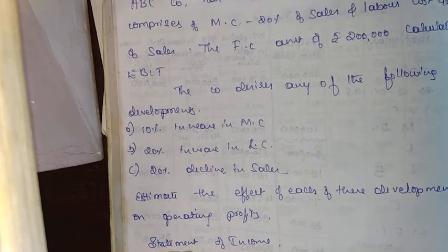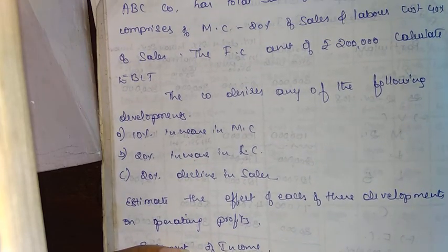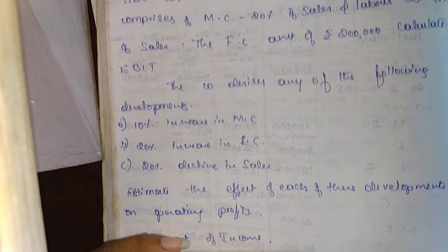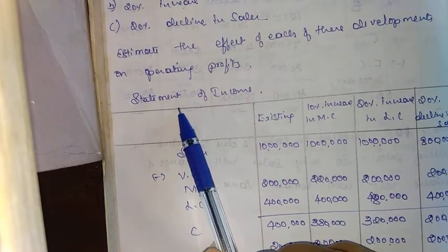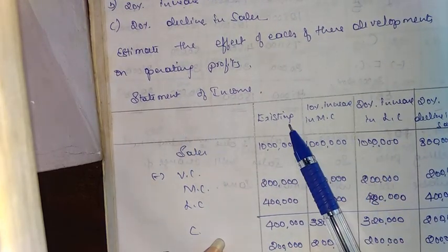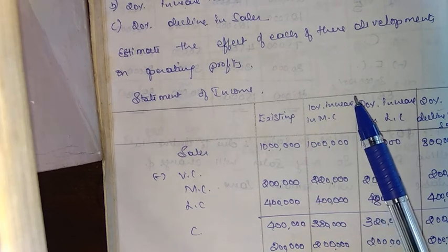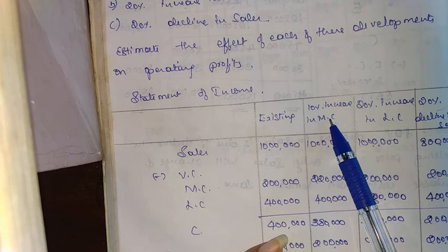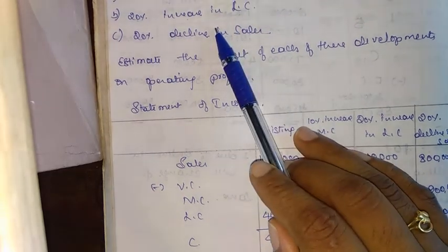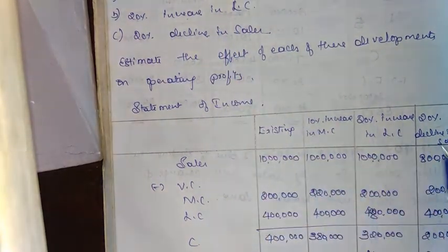We have already worked out these kinds of problems, but for more understanding, I am going to explain it once again. First you have to prepare the statement of income for the existing level, for 10% increase in material cost, 20% increase in labor cost, and 20% decline in sales.